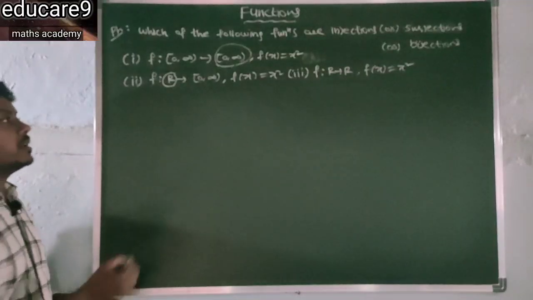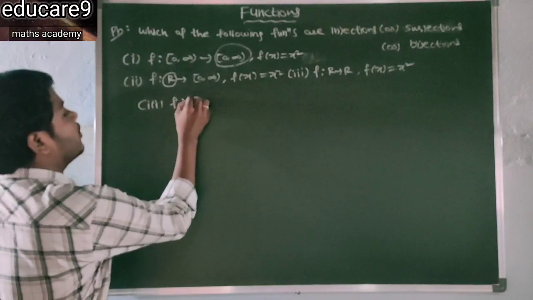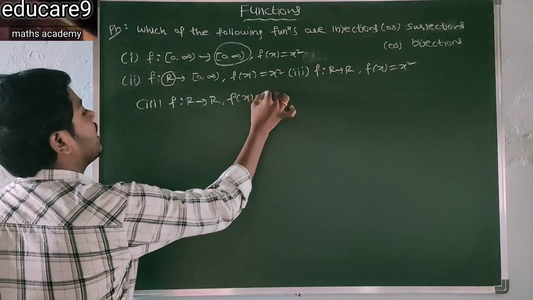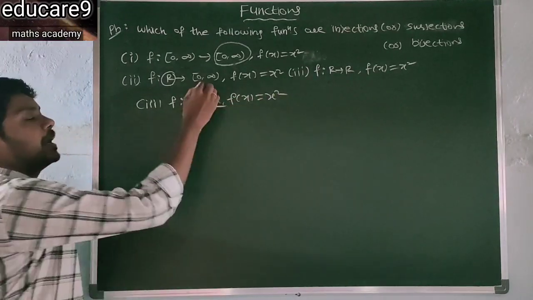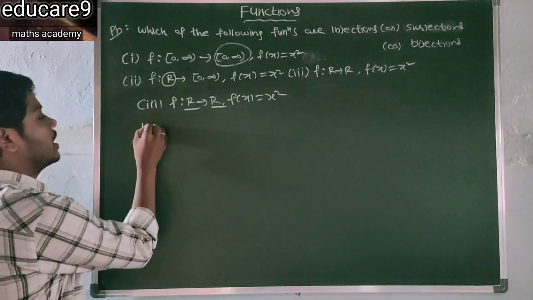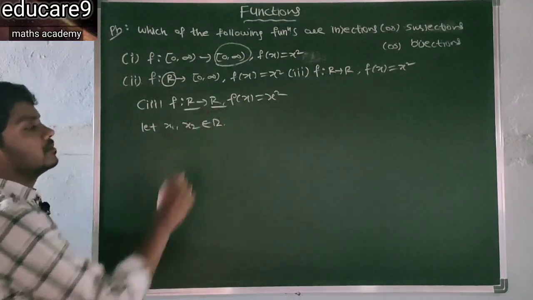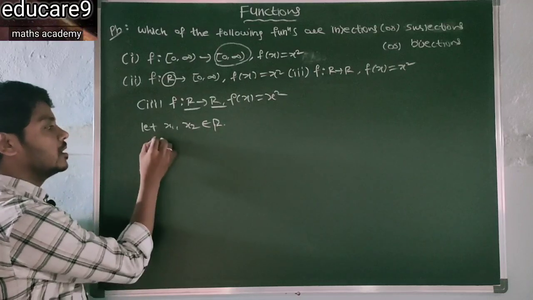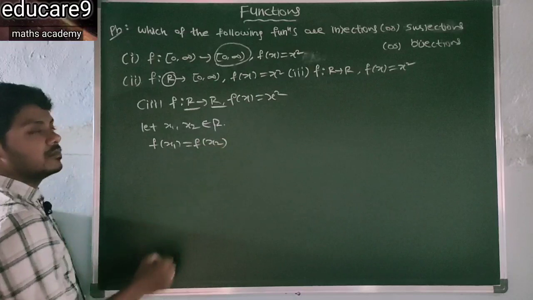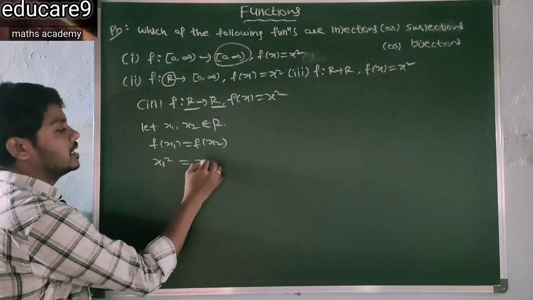So see the last one. f from R to R, f of x is equal to x square. See here, both domain and codomain are real numbers. First, let x1, x2 belong to R. Now consider f of x1 is equal to f of x2. What is f of x1? x1 square is equal to x2 square.